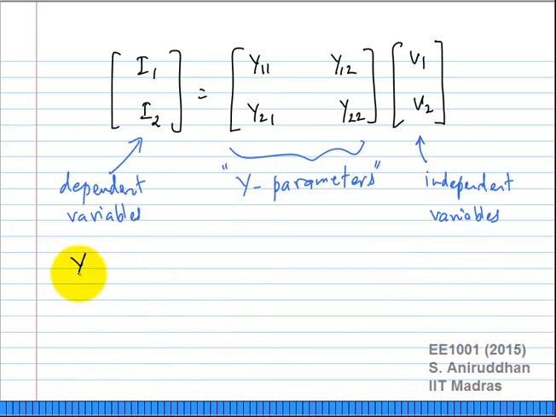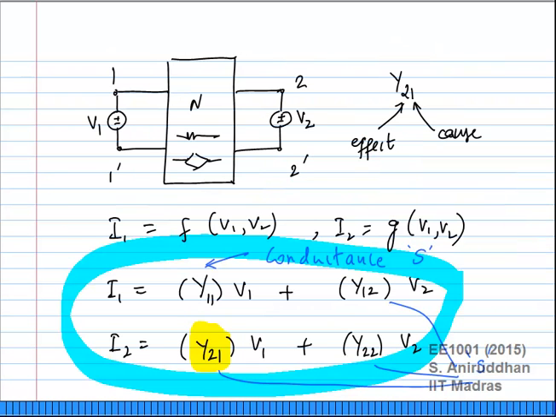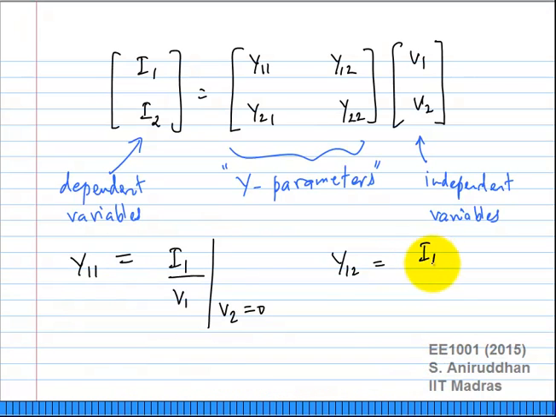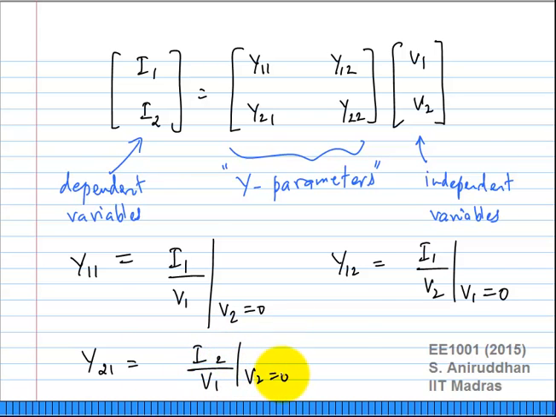So now we can write down the definitions. Y11 is I1 by V1 when V2 equals 0. Y12 is nothing but I1 by V2 when V1 is set to 0. Y21 is I2 by V1 when V2 is set to 0, and Y22 is I2 by V2 when V1 is set to 0.